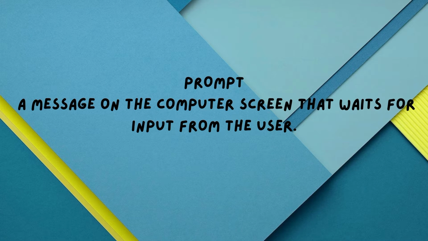A prompt is a message on the computer screen that waits for input from the user. Variables make a program more interactive, meaning you interact between the user and the program. So with the use of prompts, you can send messages and recall messages from your program. It means that your program can be interactive by replying with messages that you have placed in it.